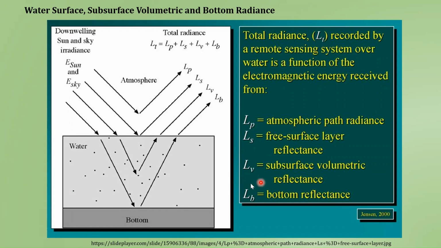Subsurface volumetric reflectance gives information about this part. It tells us whether the water bodies have any type of impurities or not, because depending upon the impurities, the reflectance will vary, and the bottom reflectance gives the information about the bed of the surface water bodies.